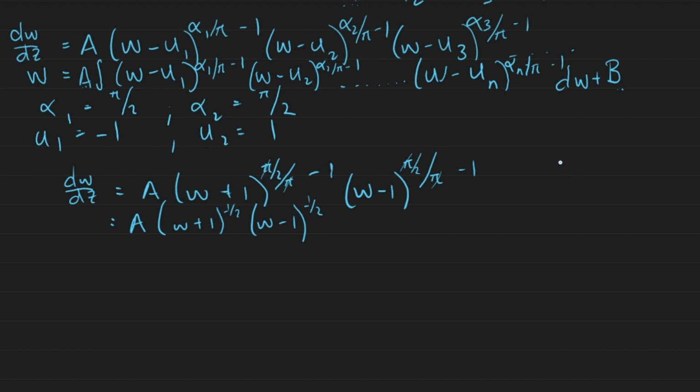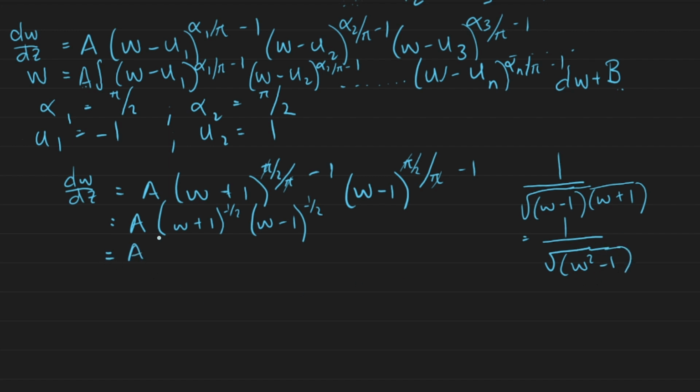This we can write as 1 over the square root of (w minus 1)(w plus 1), and we can see that this is equal to 1 over the square root of w squared minus 1. So this is actually equal to (w squared minus 1) to the power minus half. So we have A into (w squared minus 1) to the power minus half. We just played around with some of the exponents.